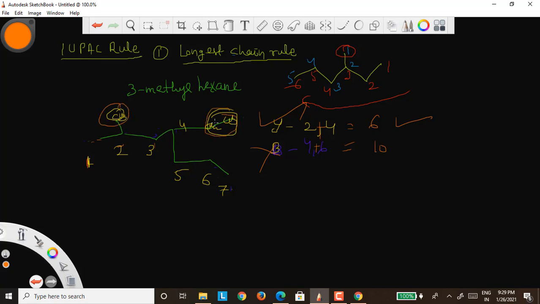Now this is CH3, this is C2H5. These are substituents. Let us name them. 2-methyl, 4-ethyl. But it is not that 2 comes first and 4 second. It is not according to number; it is according to the name of the substituent. Ethyl starts with the letter E, methyl starts with the letter M. So E comes first, then M. So you should write the name like this: 4-ethyl, hyphen, 2-methyl heptane.